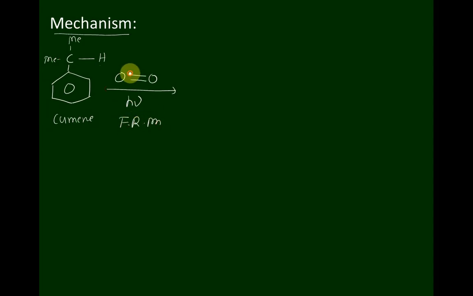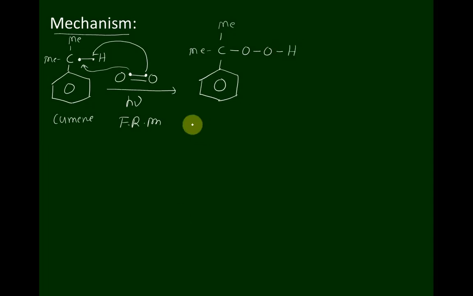Here the pi electrons break up, and one electron gets added here to an oxygen atom, another electron gets added to another oxygen atom, and another oxygen atom is added to the hydrogen side. So we get the molecule like this. Intermediate. Carbon, methyl group, oxygen, hydrogen. What is the name of the compound? Cumene hydroperoxide. In cumene hydroperoxide, this is considered the acidic hydrogen atom.